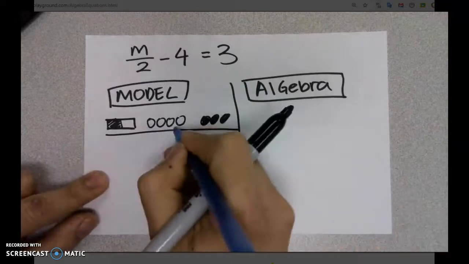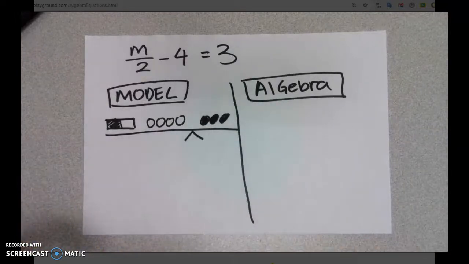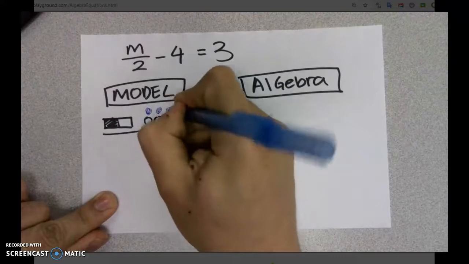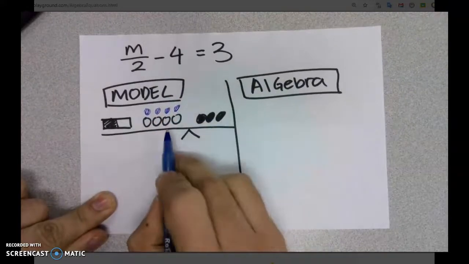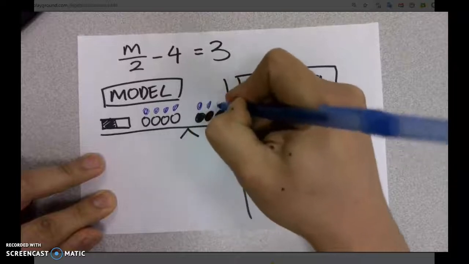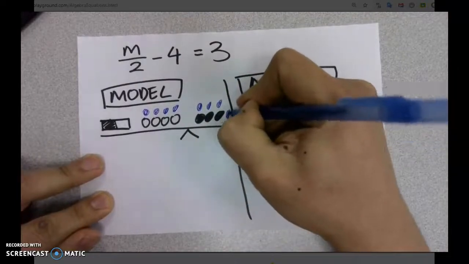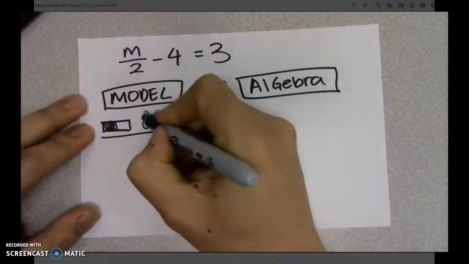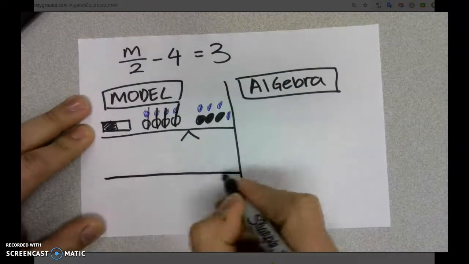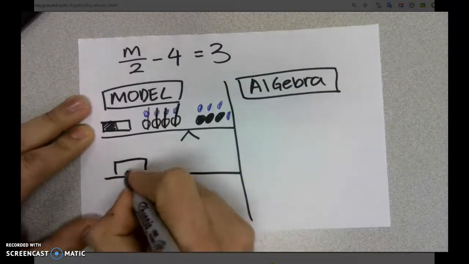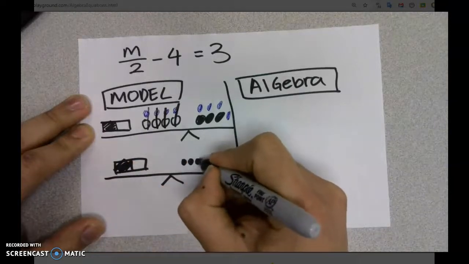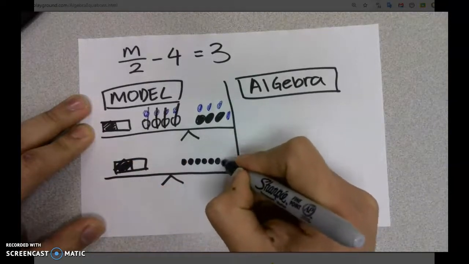So how do I get rid of negative 4? Well, I need to add 4, right? If I'm adding 4 on the left, I have to add 4 on the right. So 1, 2, 3, and 4. Okay, so this one, 0 pair. There aren't any 0 pairs here. So I'm going to redraw this again. 1, 2, 3, 4, 5, 6, 7.